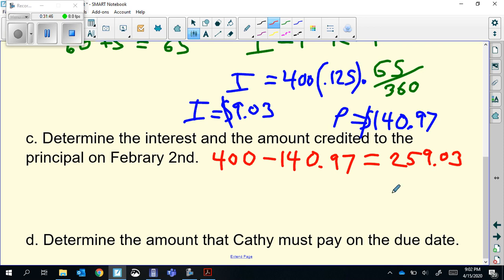So that's our new principal because we paid down the principal by that amount. That's our principal. Our rate is still 12.5. That did not change.